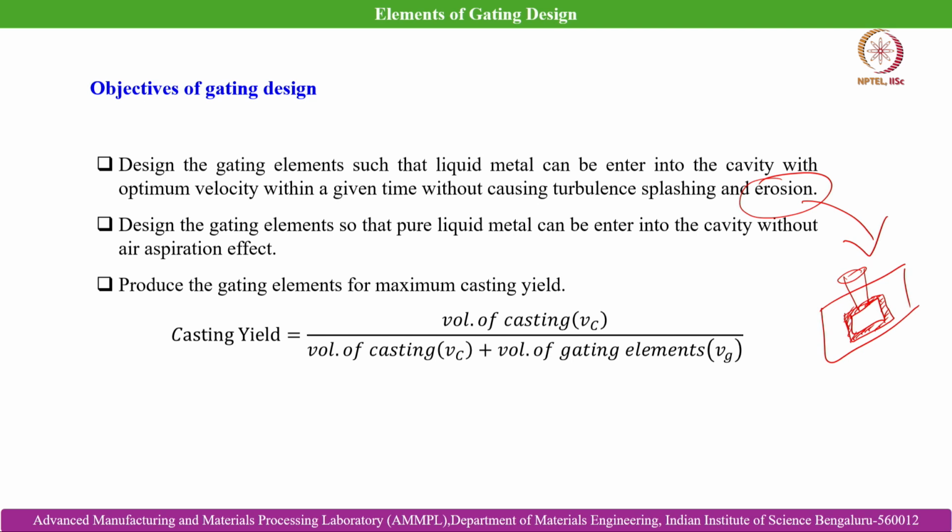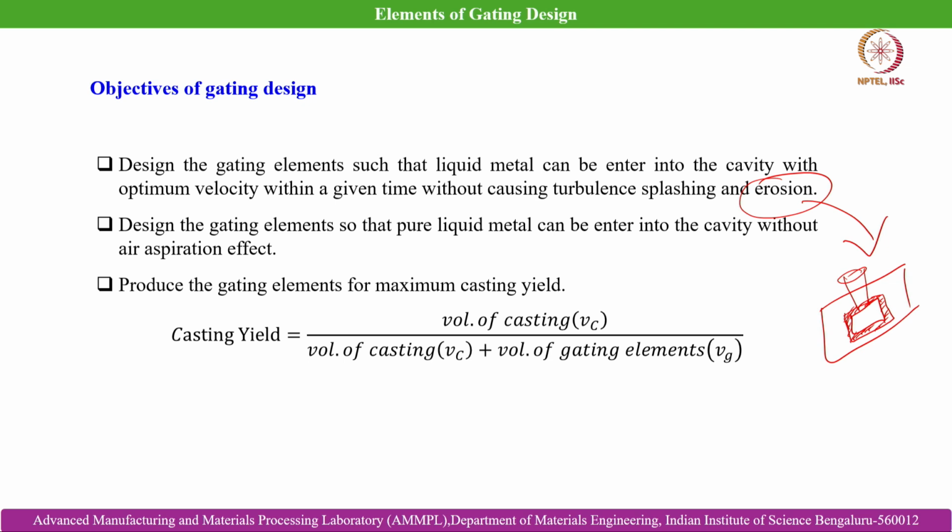The casting yield can be expressed as the volume of casting divided by the volume of casting plus the volume of the gating elements. Gating elements means the combined weight of the sprue, ingate, runner, runner extension, etc. We have to be careful that we do not end up putting so much material in the non-useful part of the solidified object, the gating system.